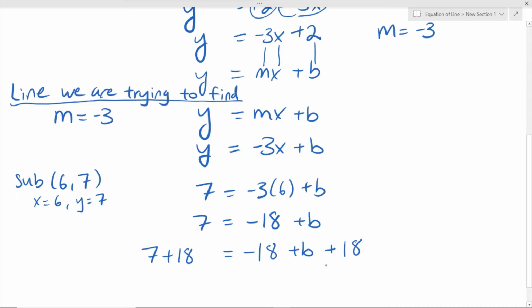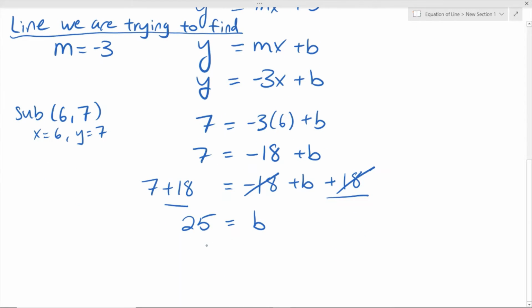The only change we made was this here and this here. So -18 plus 18, cross them off, gives us 0. Now 7 plus 18 gives us 25. So our b is equal to 25.